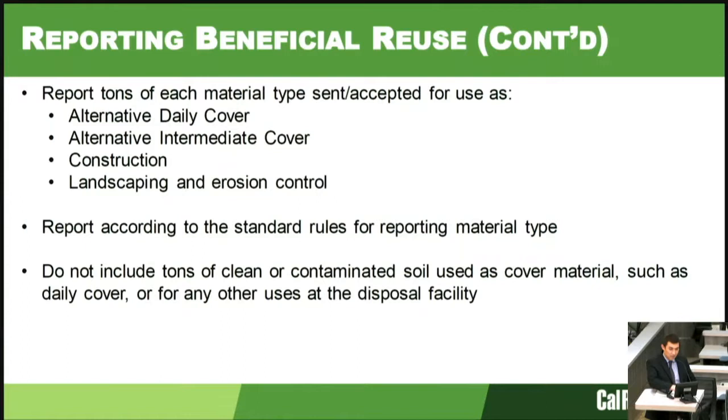They would need to say how on the site they applied that material: either as alternative daily cover or ADC, alternative intermediate cover or AIC, or as construction or landscaping and erosion control. So they would bin them into those four categories and report the tons by material type that were sent to each of those on-site beneficial reuses.